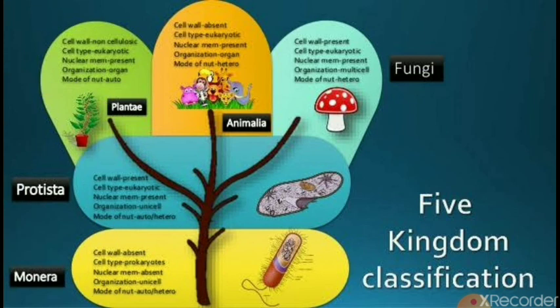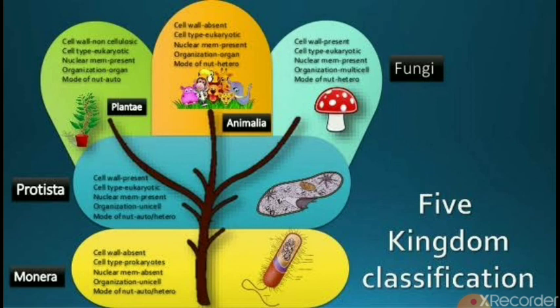As you can see, in five kingdom classification, all prokaryotic and unicellular organisms are kept in kingdom Monera. They do not have a cell wall. They all are prokaryotes.